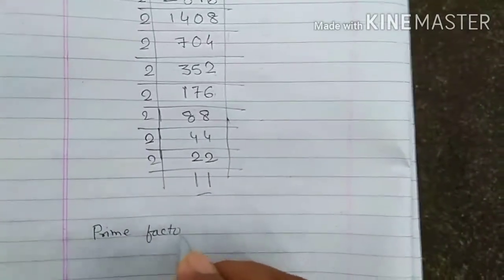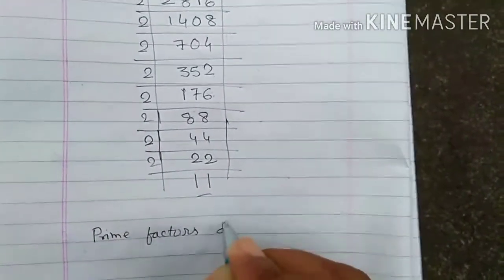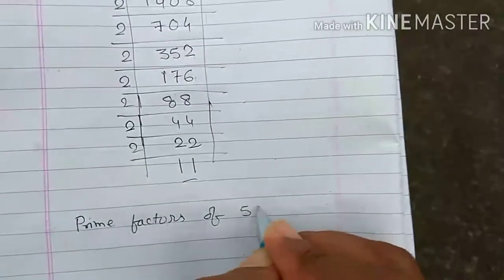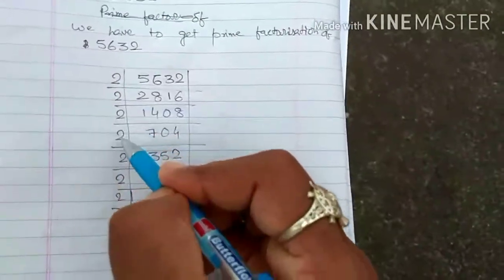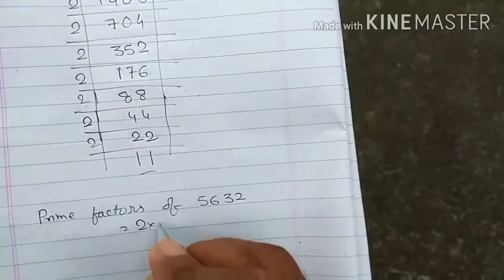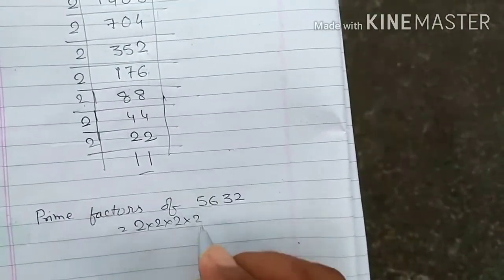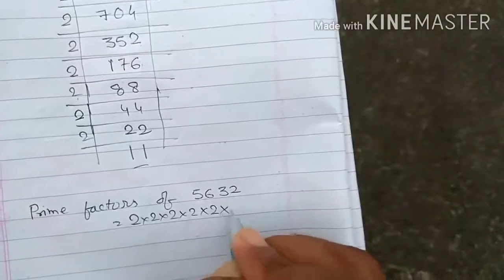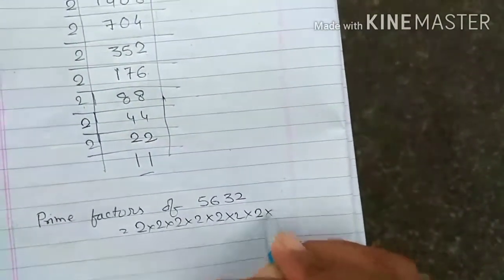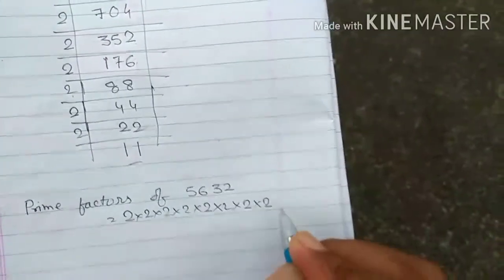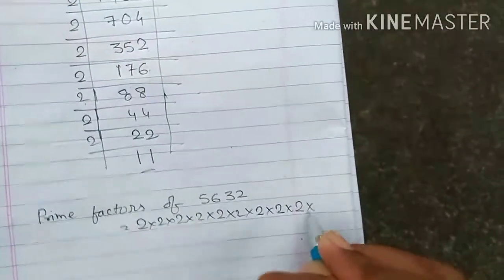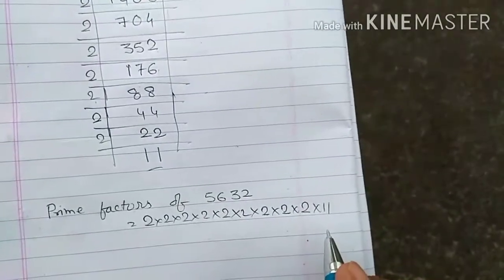So we can write like this. Prime factors of 5632 is equal to 2 nine times, so 2 into 2 into 2 into 2 into 2 into 2 into 2 into 2 into 2, nine times 2, and finally 11.